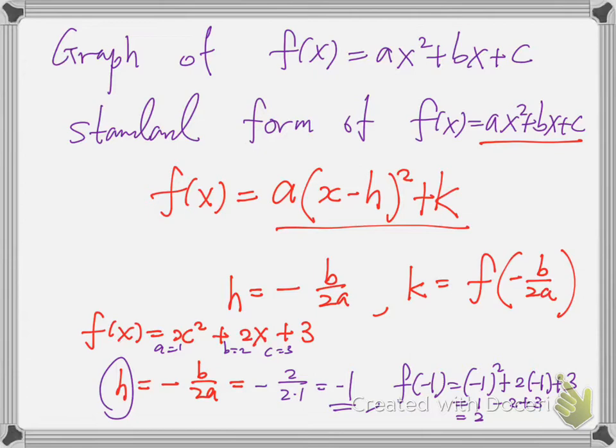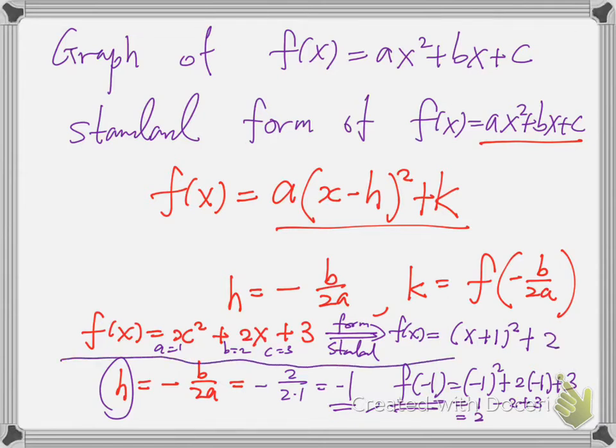Now we can write down the standard form of this quadratic function: f of x is a, which is 1, so we don't need the 1, times x minus h, h is negative 1, so (x plus 1) squared plus k. k is 2.